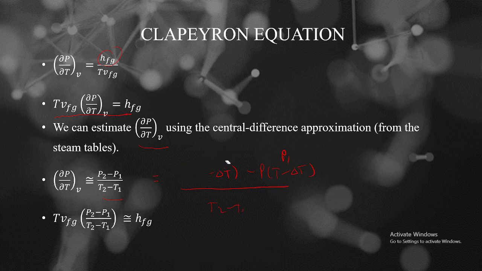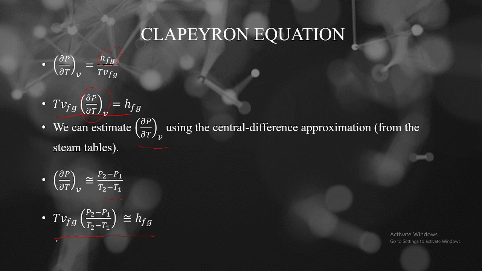So yes, using the central difference approximation from the steam tables, we can write del P del T at constant V in this form, so that we can replace this here with that and get this expression, right? But remember, it's an approximation. The central difference method gives us an approximate value.